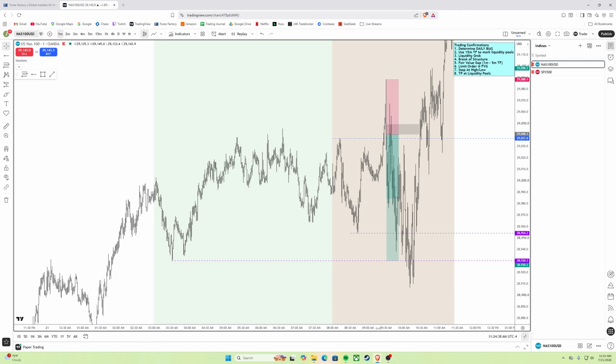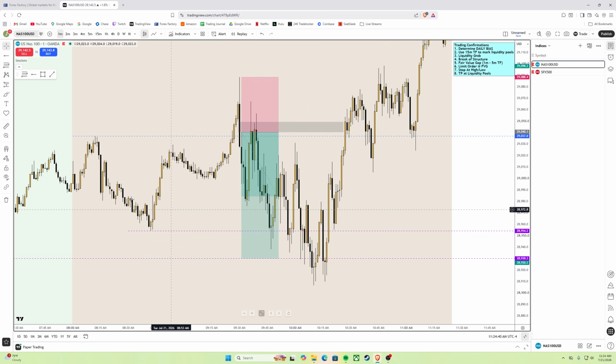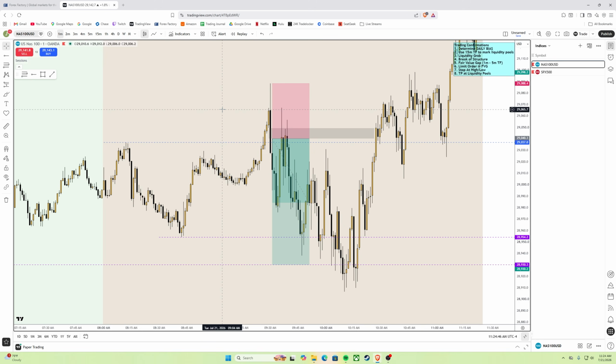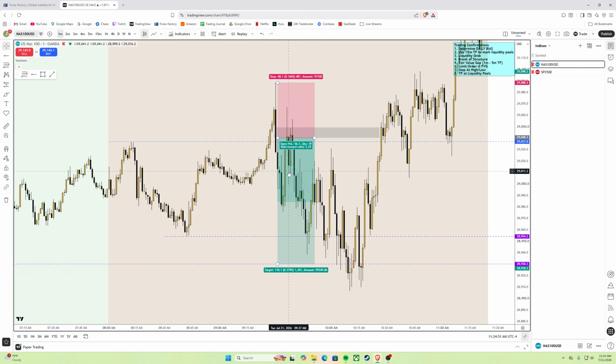And you can see price did in fact clear it right before reversing and then making its way back. So let's just say instead of me taking the trade on the S&P, I took the trade on the NAS.